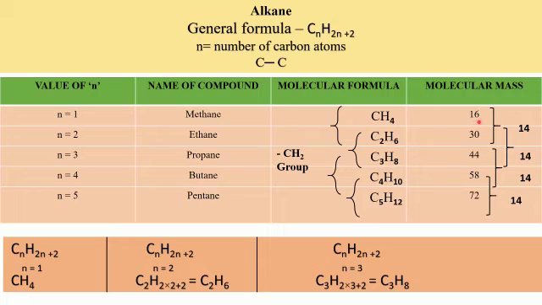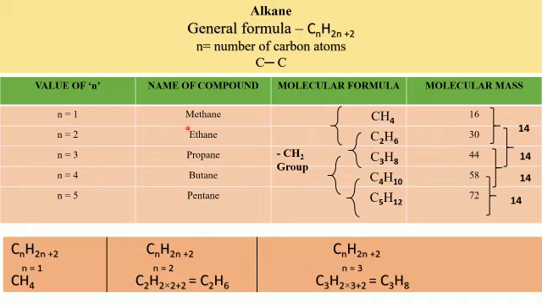If you take ethane and propane to be the next consecutive members, 30 plus 14 will give you 44. Similarly, 44 minus 14 will give you 30. So this tells us that the molecular mass of every 2 adjacent members or consecutive members differs by 14.